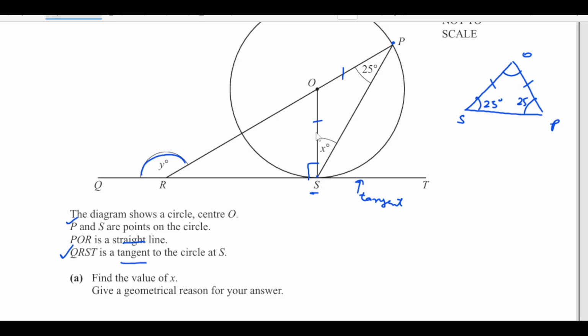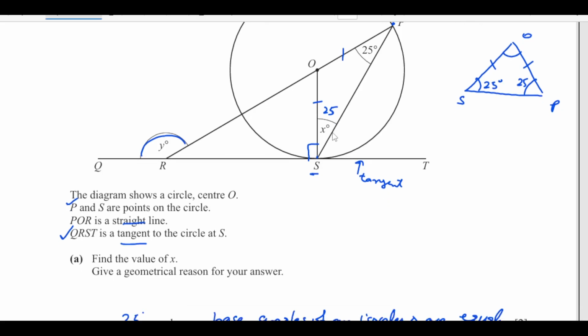So, angle OSR is going to be 90 and this angle we have found to be 25. So, the total angle is going to be 90 plus 25 here, and then we can find out this angle and then we will find out y. There are different ways, you can see how you are going to do that.